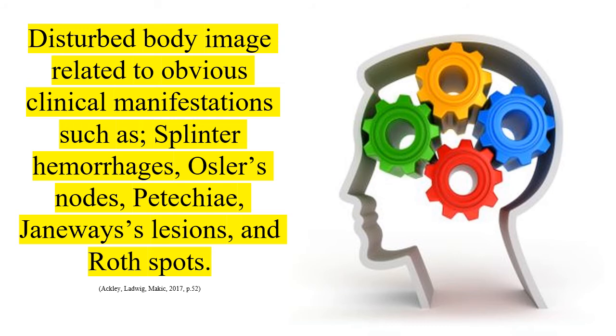Disturbed body image related to obvious clinical manifestations such as splinter hemorrhages, Osler's nodes, and Roth spots, as evidenced by a incongruence between body reality, body ideal, and body presentation.